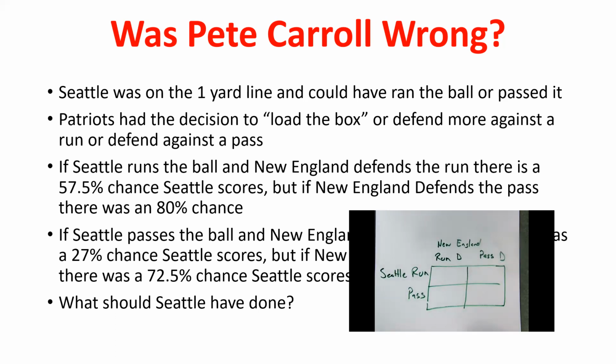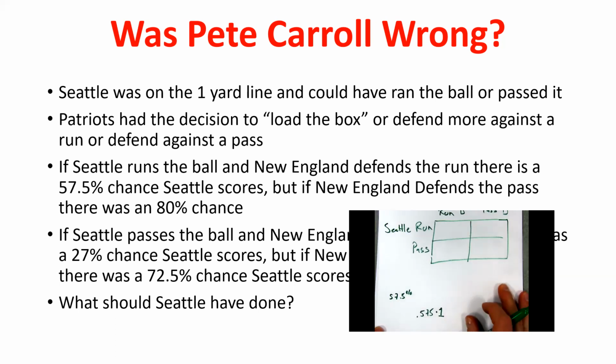The expected value, which is kind of weird to think about, comes from the probability that I'm successful being 0.575. If I'm successful, that's a 1. I won the game.